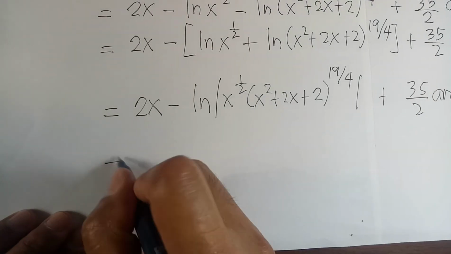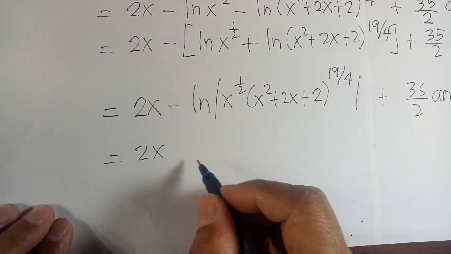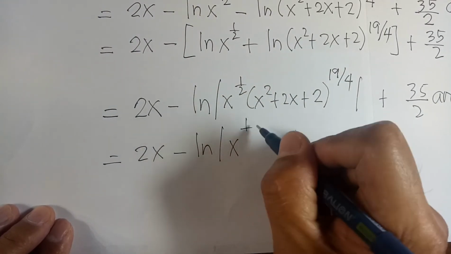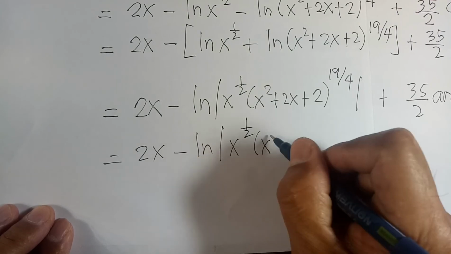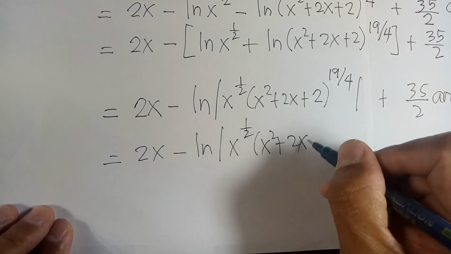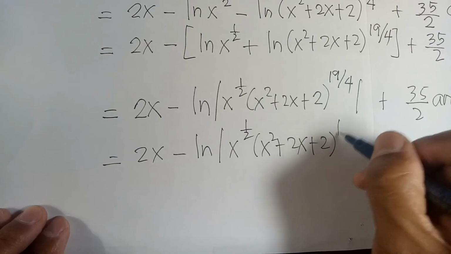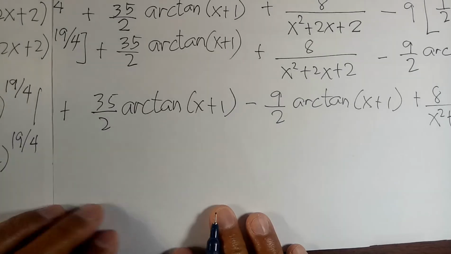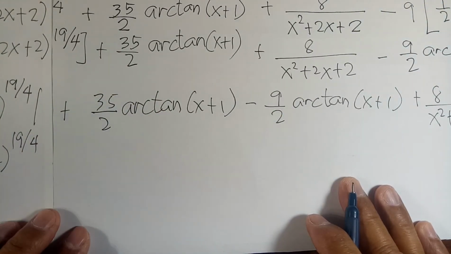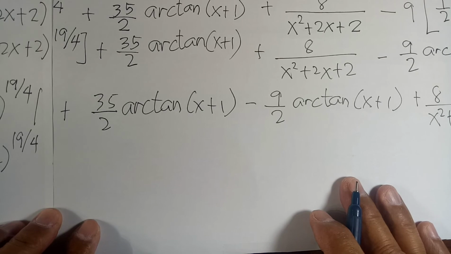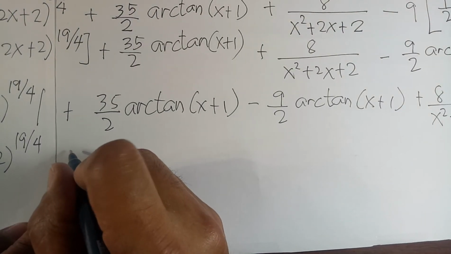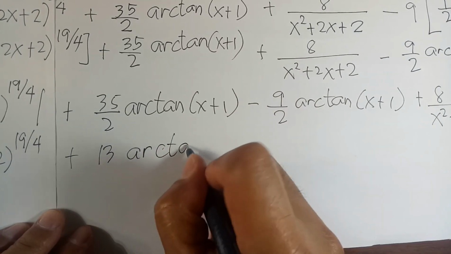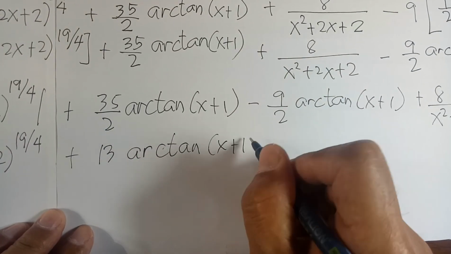So 2x, and then minus ln of x raised to 1/2 times x squared plus 2x plus 2 raised to 19/4. Then 35 minus 9 is 26, divided by 2 is 13. So plus 13 arc tangent of x plus 1.